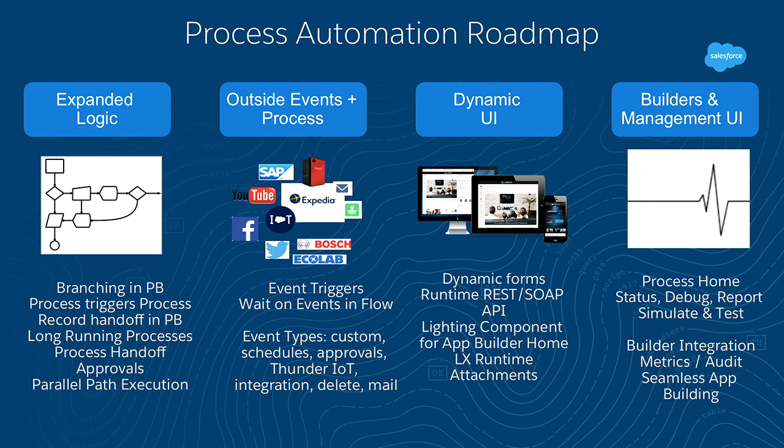That kind of a view. An entry point into debugging, an overview into which processes aren't working or having errors. For approvals, what is the state of those? When we get to longer running processes, the ability to see where those processes are at and to resume them.